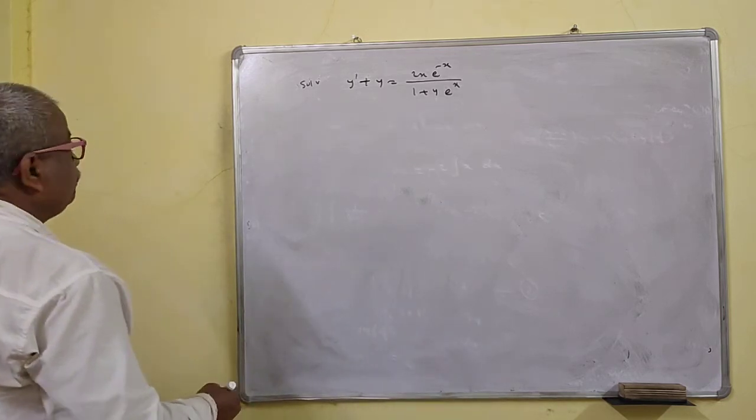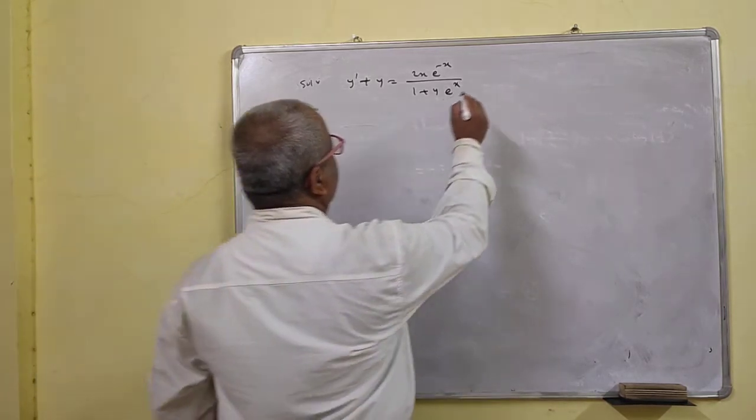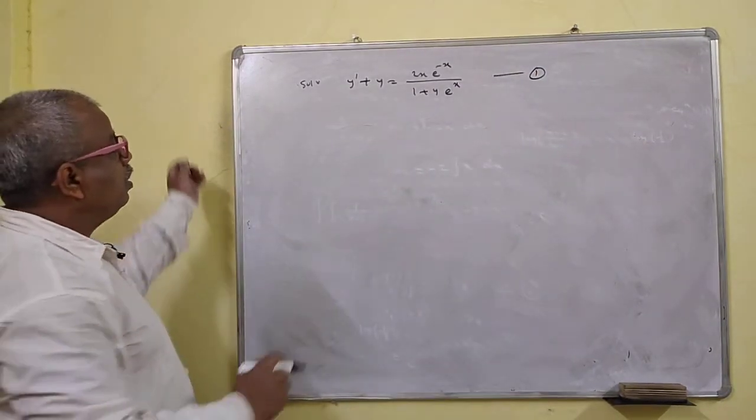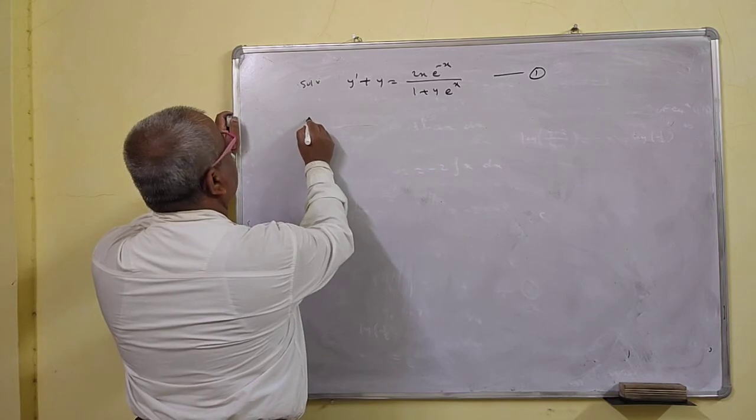So we'll do this. Solve. This is not a variable separable form. Comparing this equation with the standard form, we'll do this.